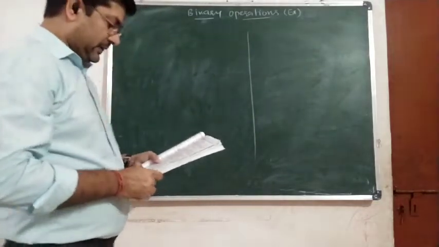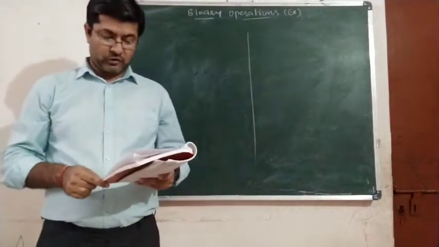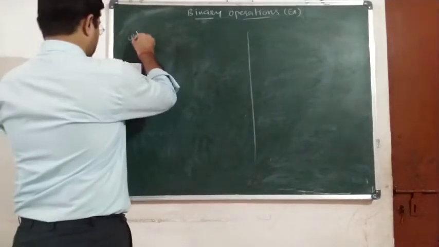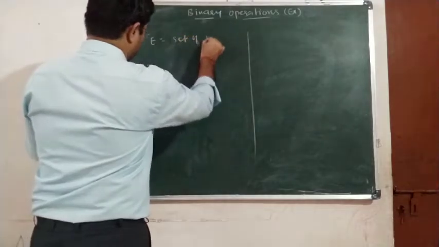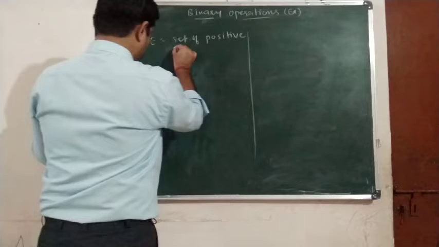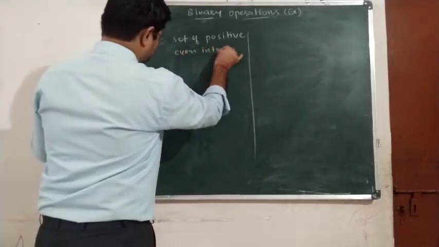Show that addition and multiplication are binary operations on the set E of positive even integers. So in question number 1, we are given E is equal to the set of positive even integers.